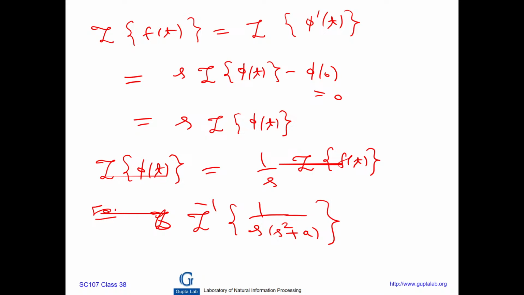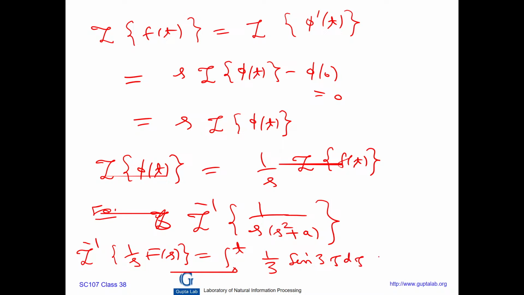So the inverse Laplace transformation of 1 over s times capital F of s will be the integral from 0 to t of 1 over 3 sine 3 tau d tau, which is 1 over 9 times 1 minus cos 3t. We can just apply the formula.